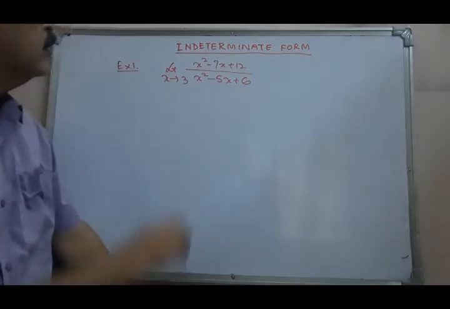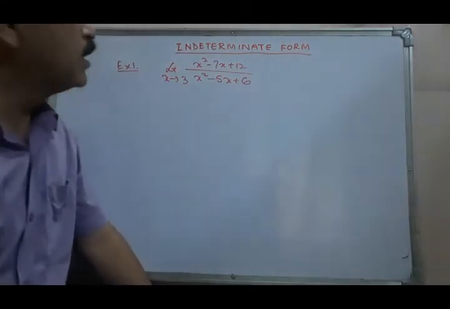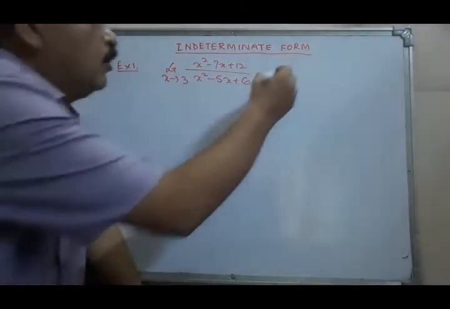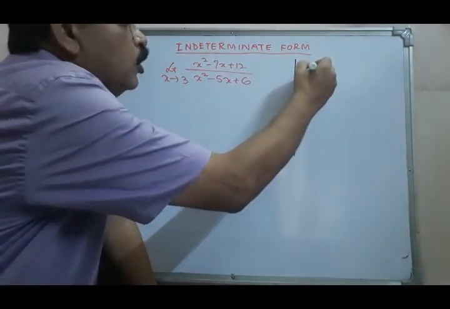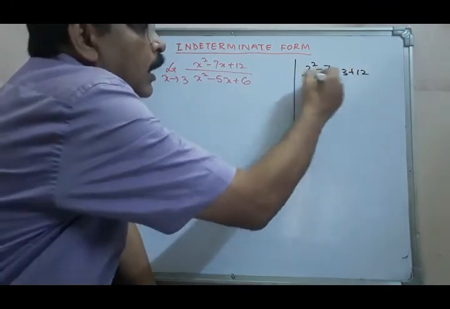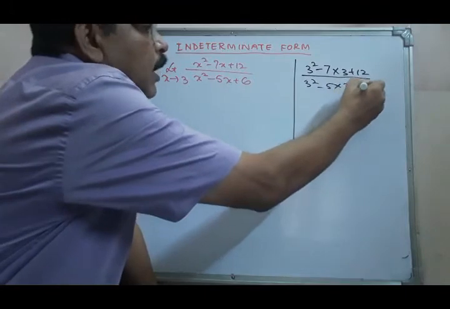Consider an example: limit as x tends to 3 of (x square minus 7x plus 12) divided by (x square minus 5x plus 6). First, let us substitute x by 3. The numerator is 3 square minus 7 into 3 plus 12, and the denominator is 3 square minus 5 into 3 plus 6.